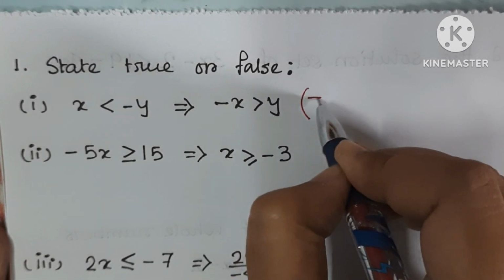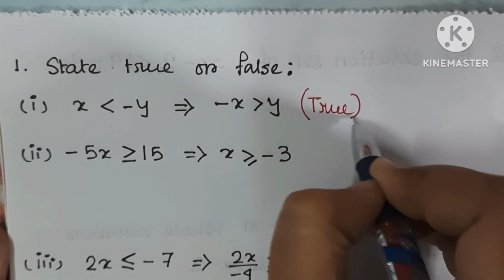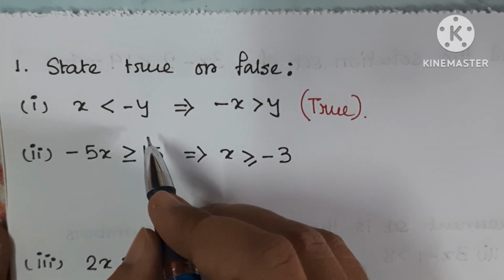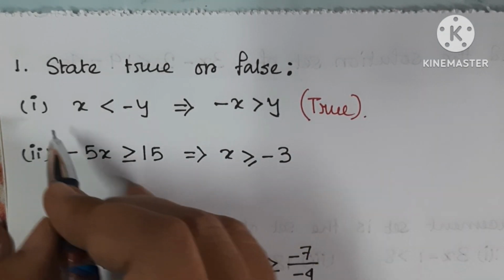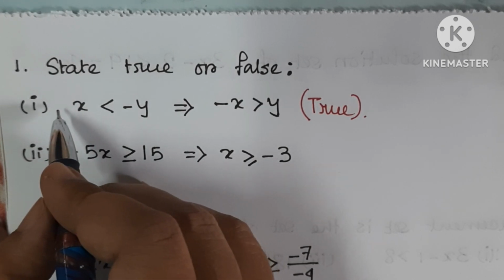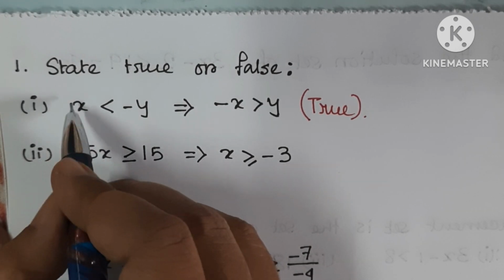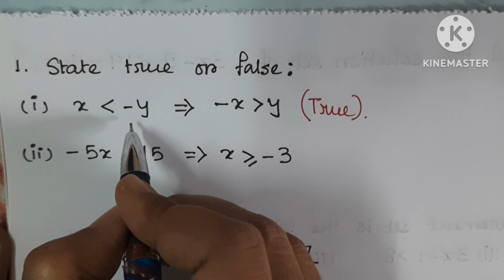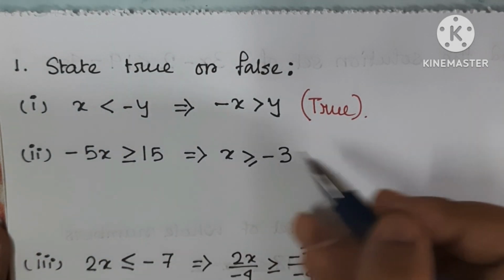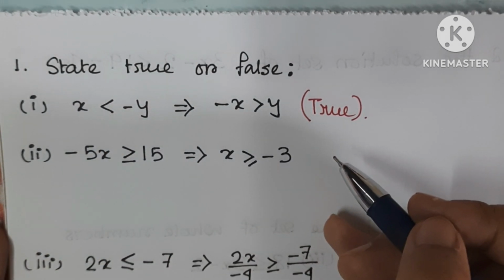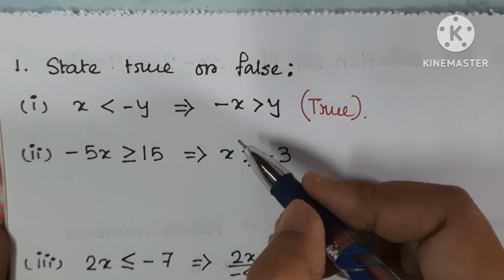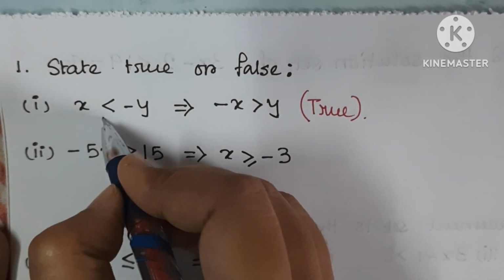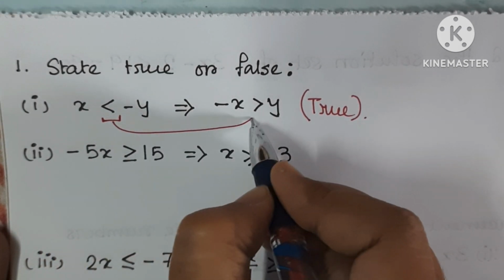Yes, obviously it is true. Why? Because the rule is that if you multiply by minus 1 on both sides, the sign of the inequation will change.